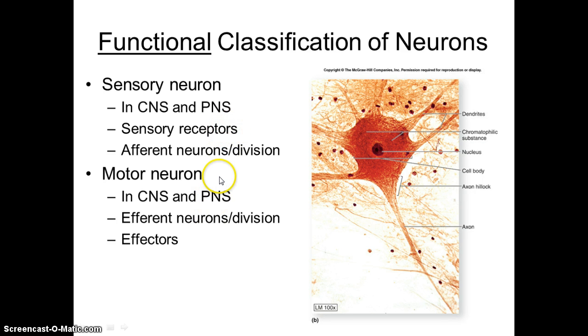Motor neurons are not. And just like the nervous system can also be referred to as the afferent division, we can refer to these neurons as afferent neurons. The motor neurons are within the efferent division, and so can be called efferent neurons. And instead of being associated with sensory receptors, motor neurons may be associated with effectors, and effectors are going to be muscles or glands, anything that's going to carry out the response, basically.